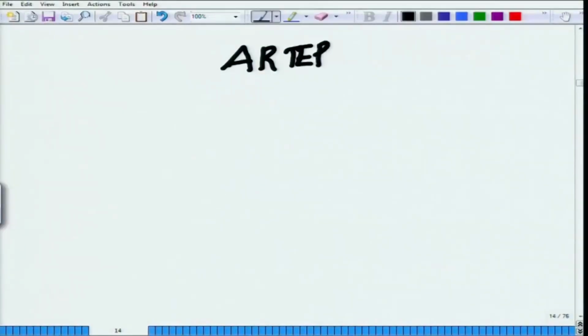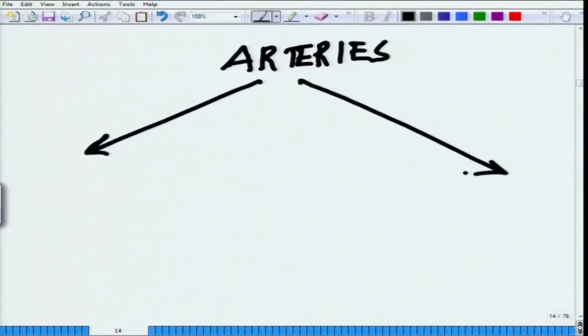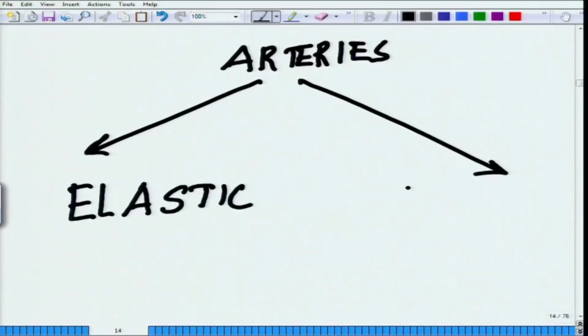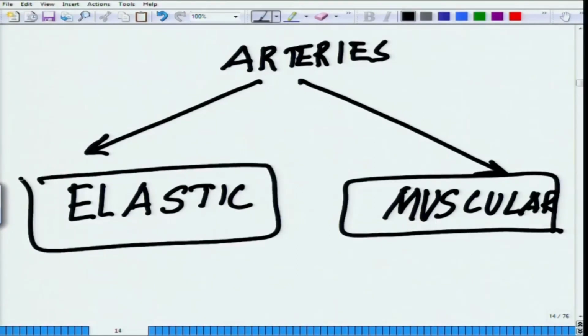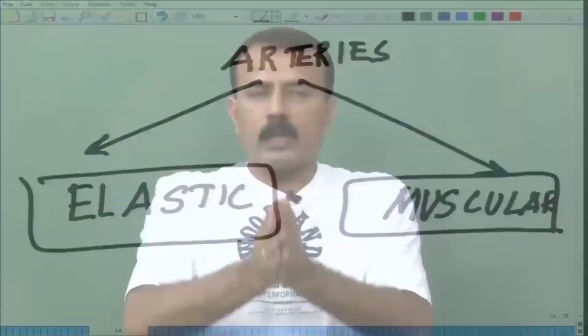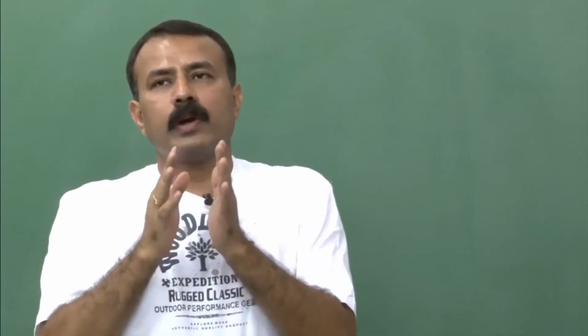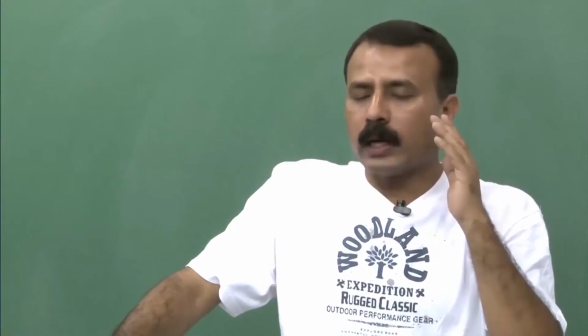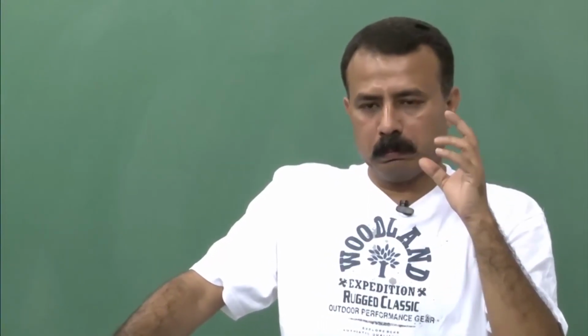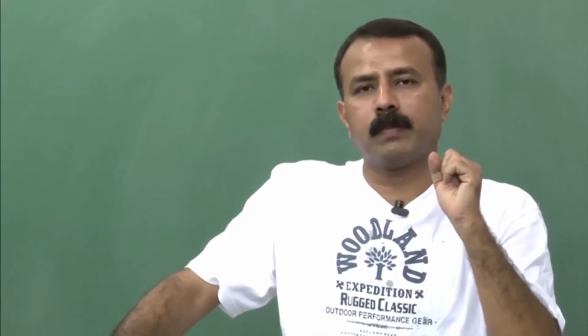Arteries have different classifications. Arteries could be elastic as well as muscular. One thing I wish to highlight here, as we were talking about the pressure with which the blood is pumped: if you recollect correctly, the pressure with which the left ventricle pumps the blood through the aorta is exceptionally high.